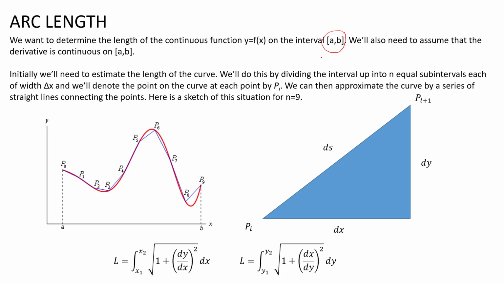In some cases, the problems will be presented with a range of interval within this format. Let's say A, the starting point of your interval, is less than or equal to X or Y variable, depending on the direction in which the length is being asked, whether X direction or Y direction, and is less than or equal to the upper limit.